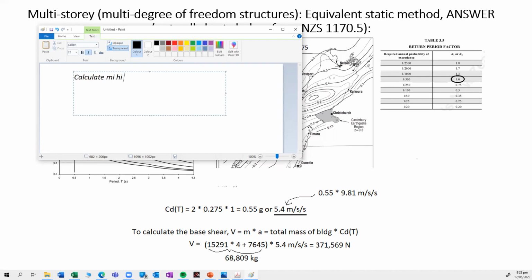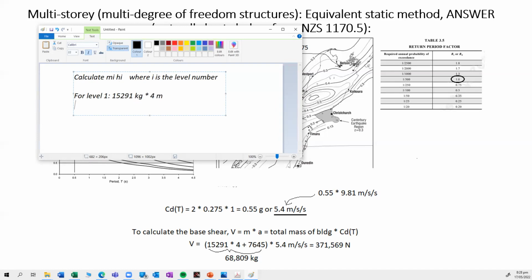Mi times Hi, where i is the level number. So the first one, for level 1, would be 15291 kg times 4 meters.